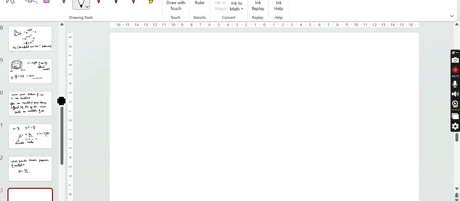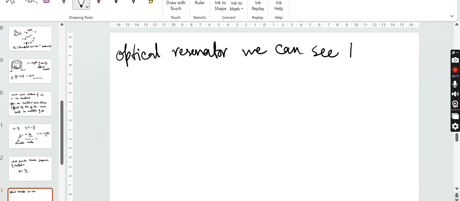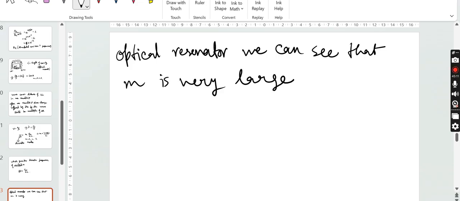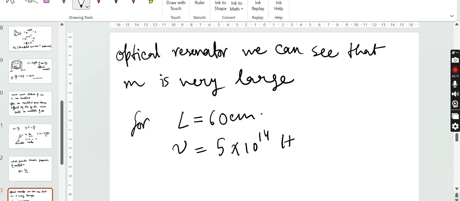For an optical resonator, we can see that m is very large. Assume L, and nu is 5 into 10 to the power 14 hertz.